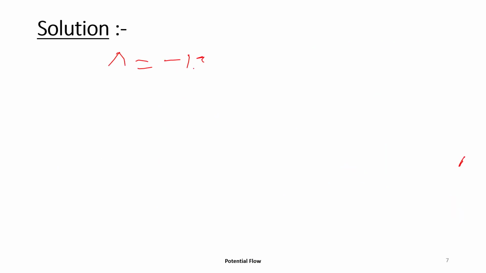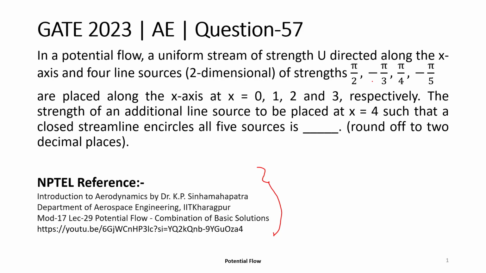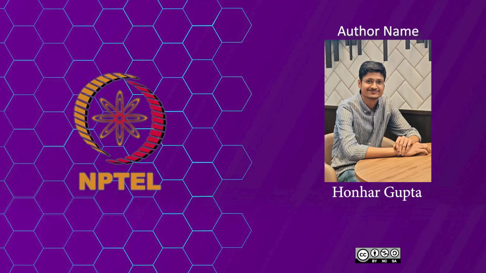So gamma is minus 13 pi by 16, which will be equal to minus 0.68068. So we have to round off to 2 digits, so the answer will be minus 0.68. This will be the answer. Thank you.